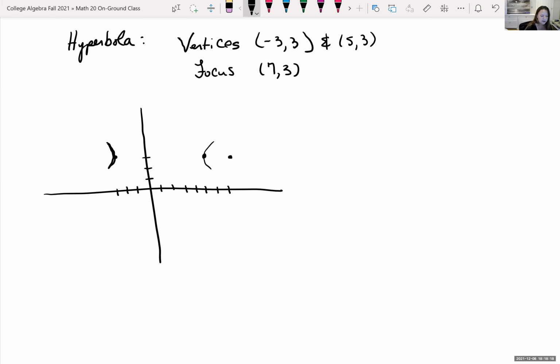And this is going to mean that the x term of the hyperbola is positive. So we have x minus h quantity squared all over a squared minus y minus k quantity squared all over b squared equals 1.